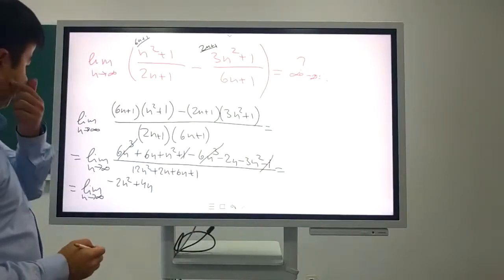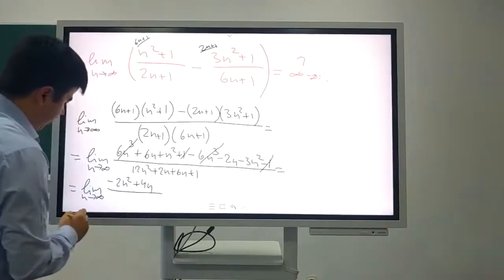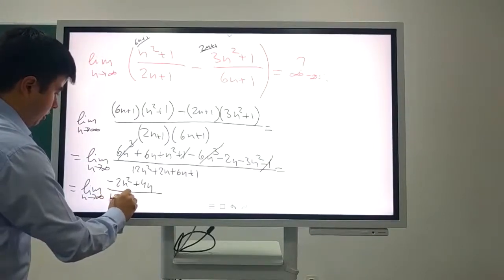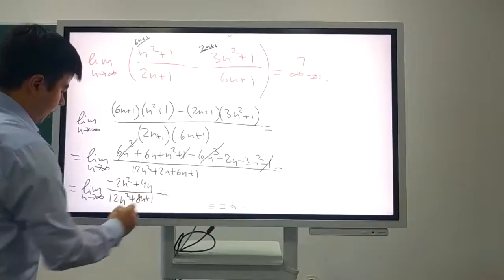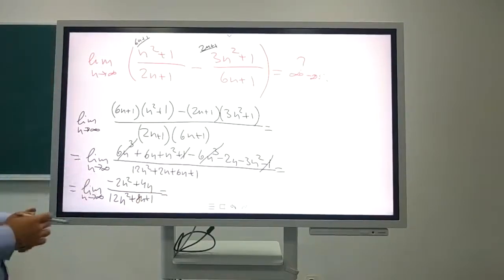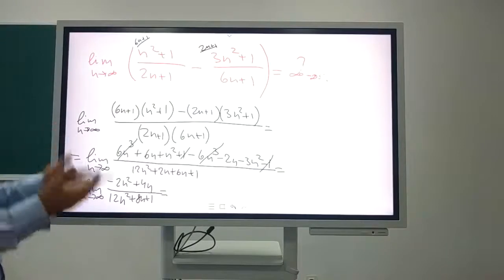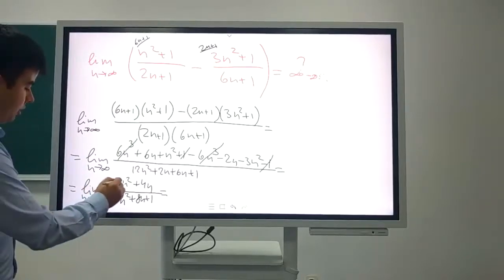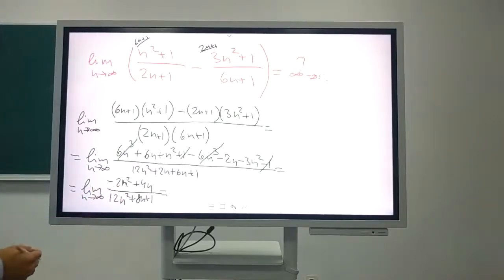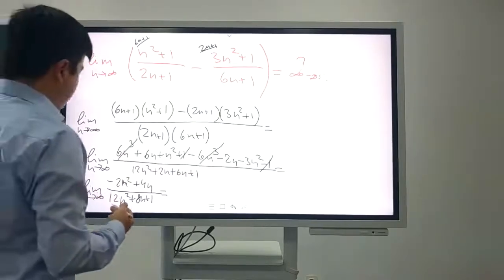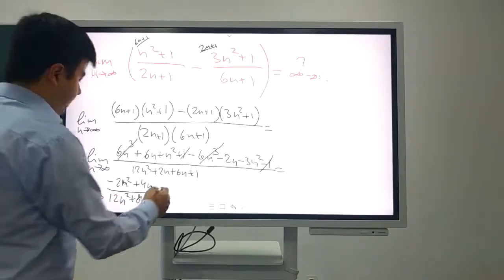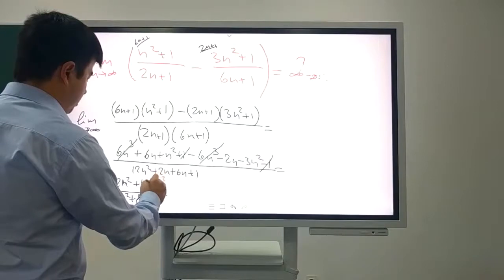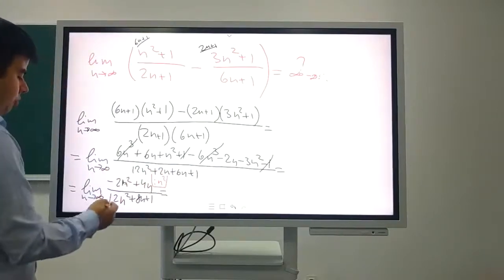Okay, now we have here minus 2n squared plus 4n over 12n squared plus 8n plus 1. Now we can divide by the term with the highest power. Here n squared, n squared, this is the greatest power of this expression, and we can divide by n squared, numerator and denominator, of course.